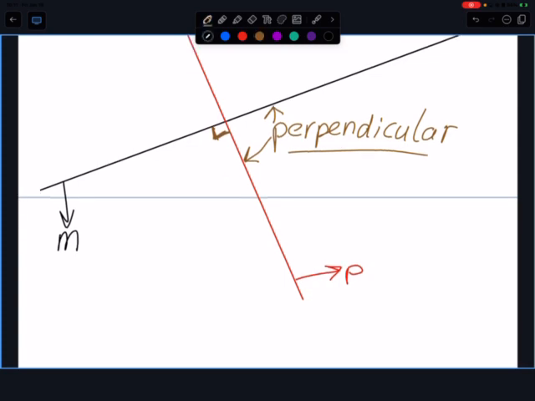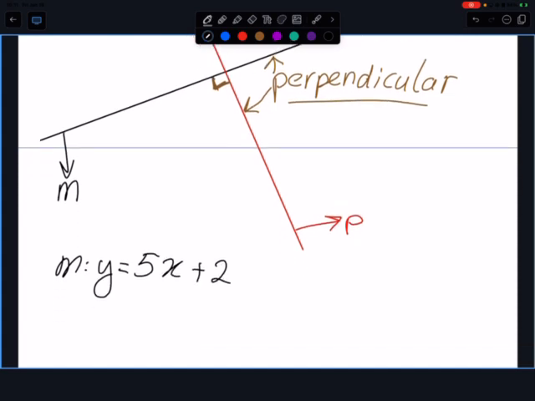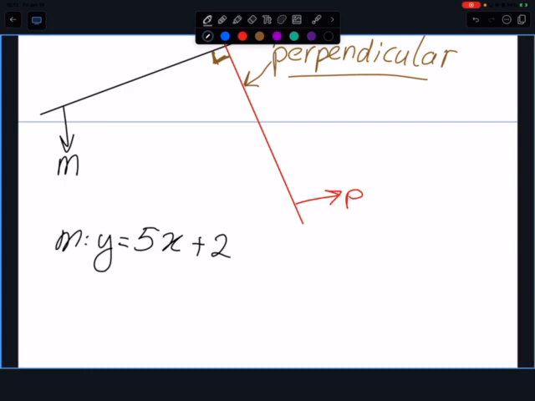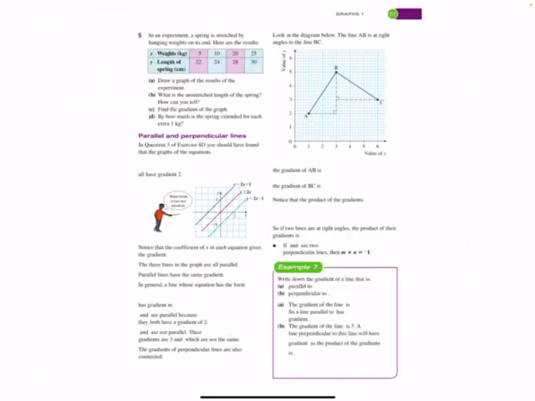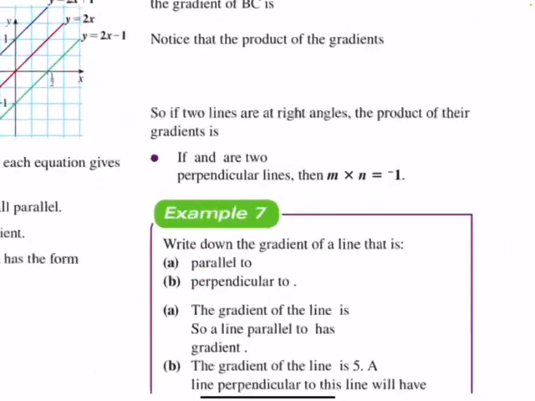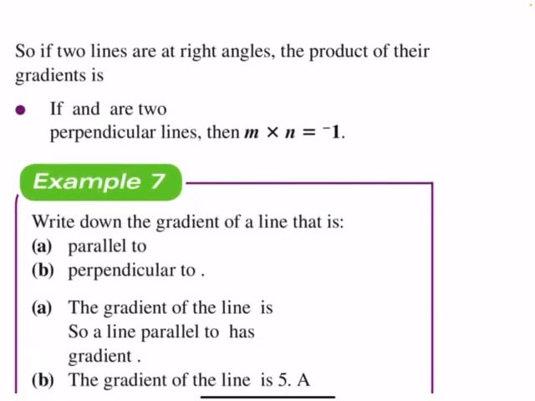Correct. So if line M has the gradient 5x plus 2, in order to find the gradient of line P, there is a specific formula on page 211 that you have to memorize.